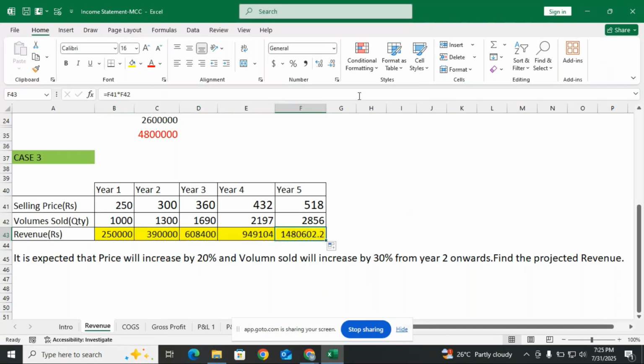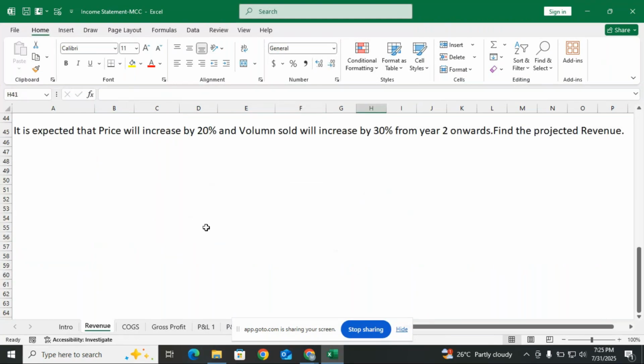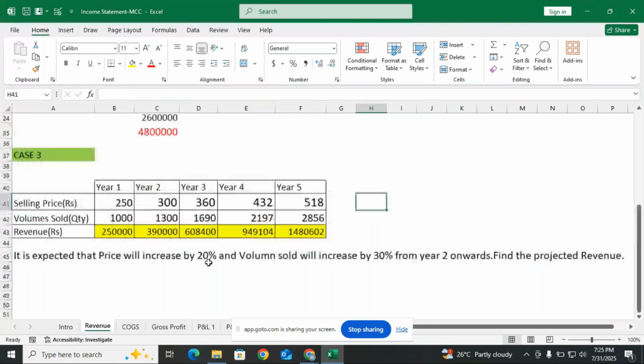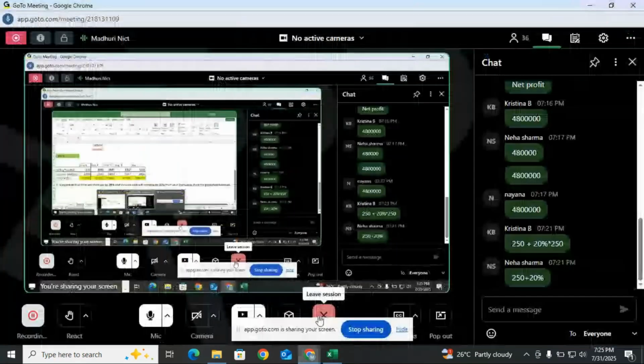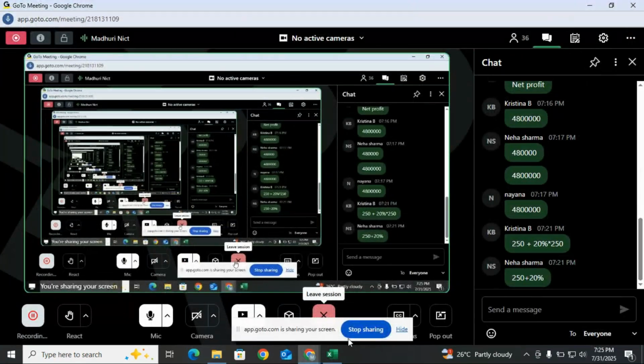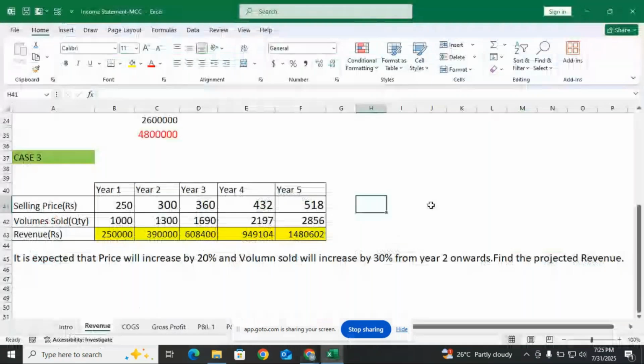So like this we are done. To calculate this, finish the calculations and put up the answers, complete the calculation and generate the revenue.